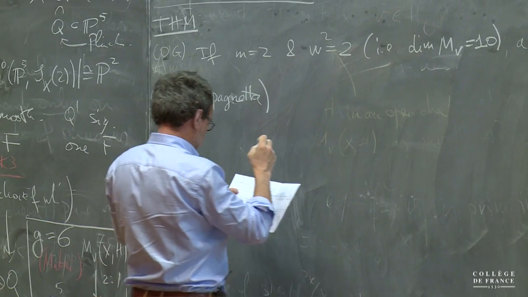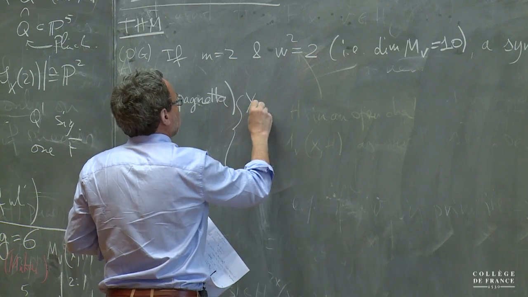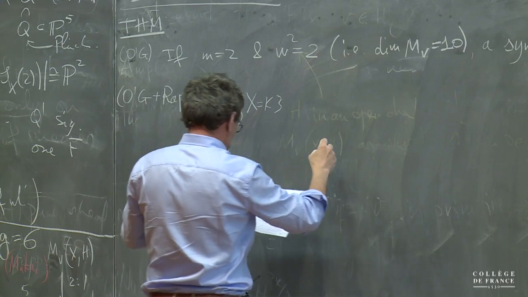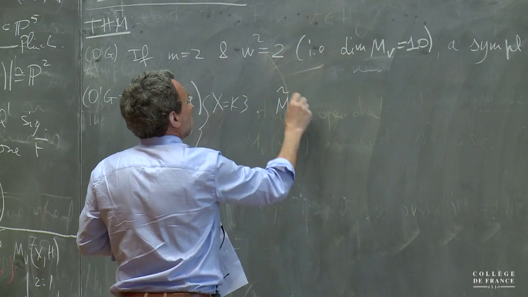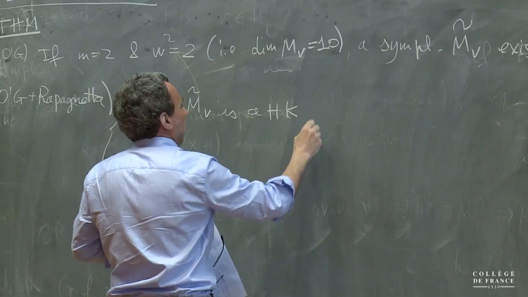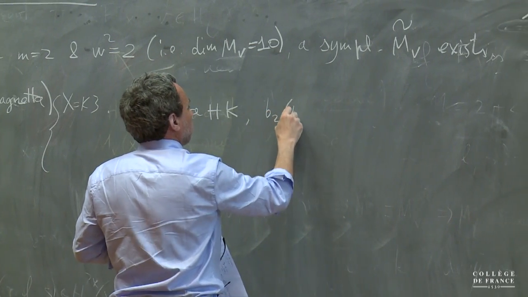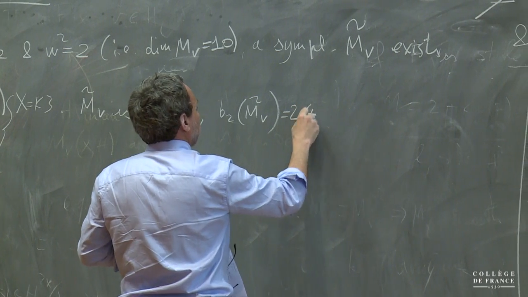Now I'll distinguish. If X is a K3, then this MV tilde is a hyperkähler, and B2 of this thing is 24.